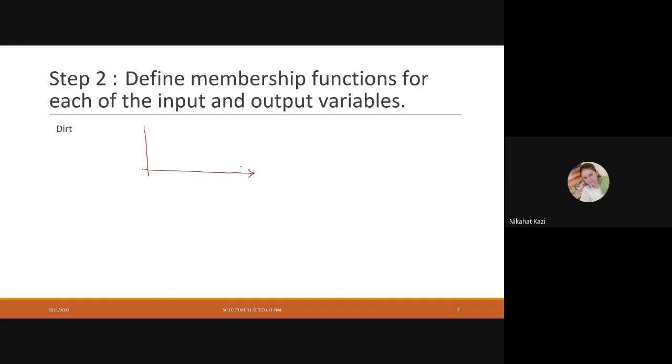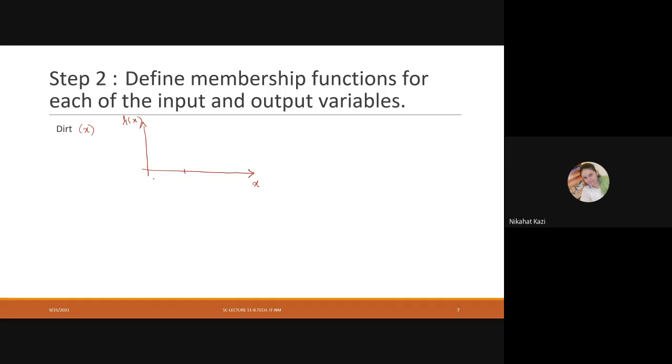So this is the graph for dirt. Say this is variable x, and this is mu of x. There are 3 descriptors, so I have to decide.